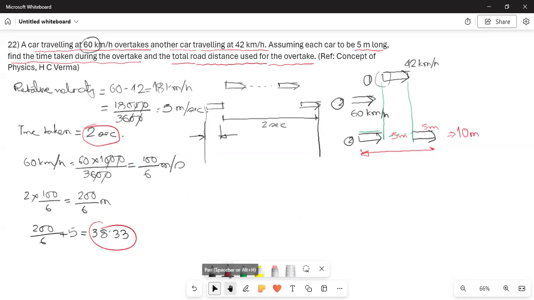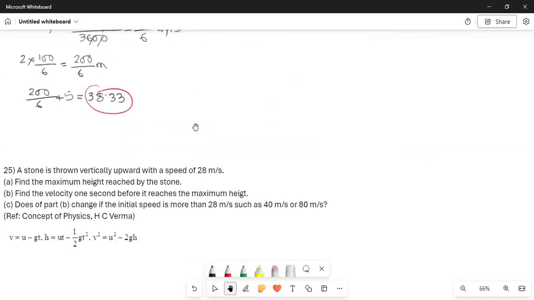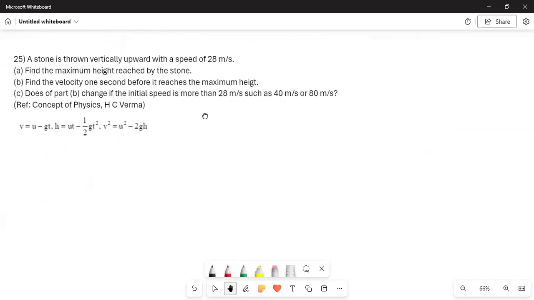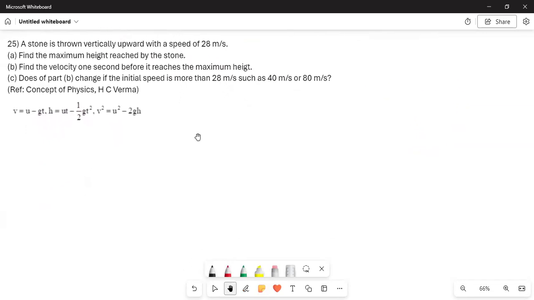Now, let us go to the second problem. This problem says a stone is thrown upward vertically with a speed of 28 meters per second. This is actually a very simple problem with a little trick.